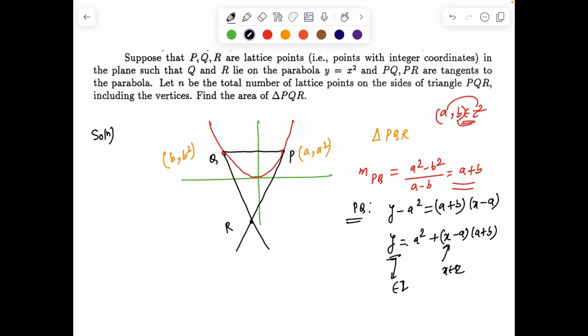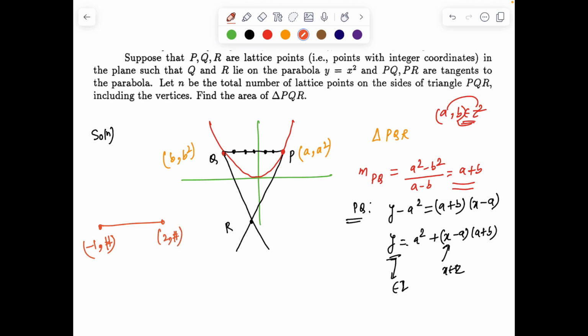And that's great news because now we can actually count the number of integer points on line PQ. Since point P is an integer point and Q has an integer x coordinate, the number of points is nothing but b minus a, or I can say a minus b, plus 1, right? The reason being, let's say you have a point (minus 1, something) and here we have (2, something else).